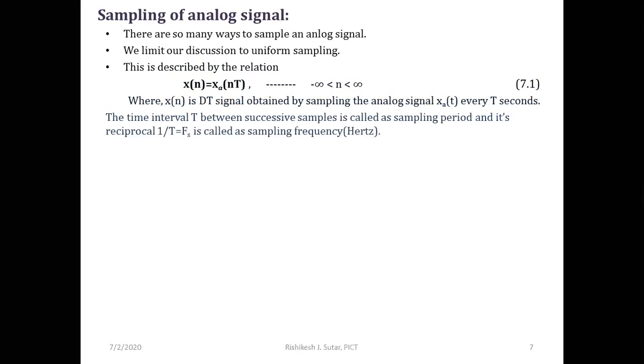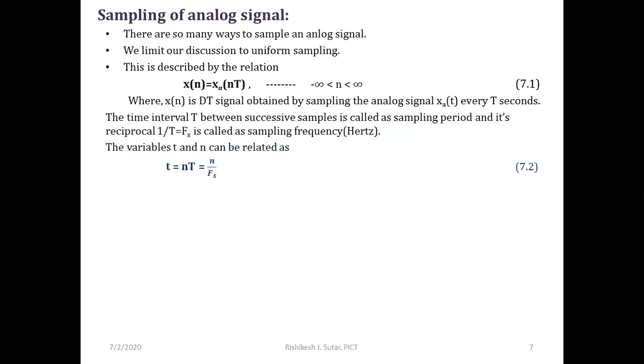The time interval capital T between the successive samples is called the sampling period, and its reciprocal, that is 1 upon T, is called the sampling frequency, generally expressed in terms of hertz. The variables t and n can be related as t equal to nT.